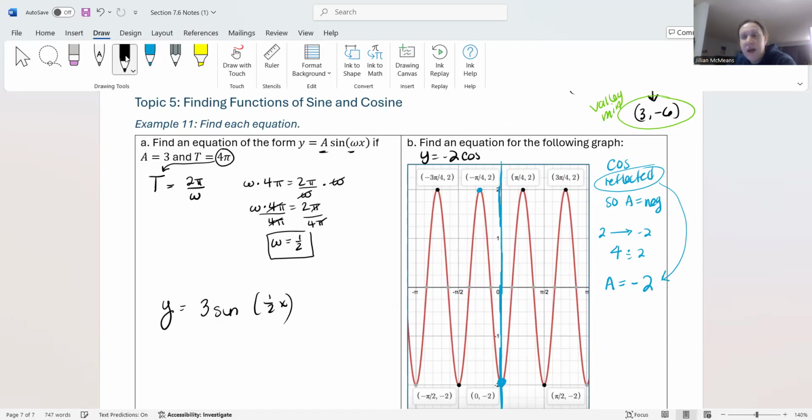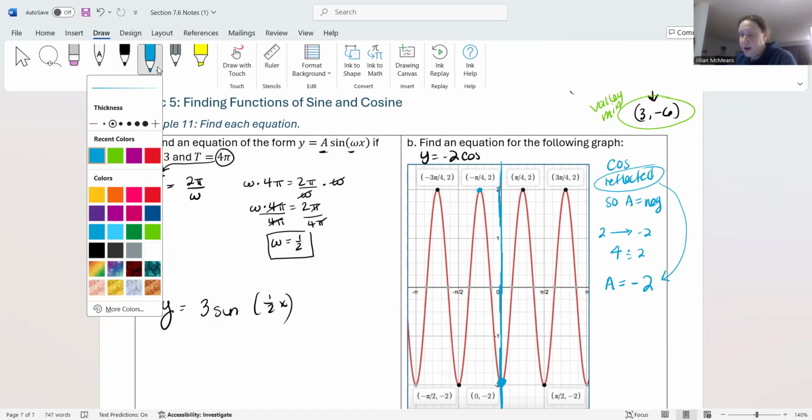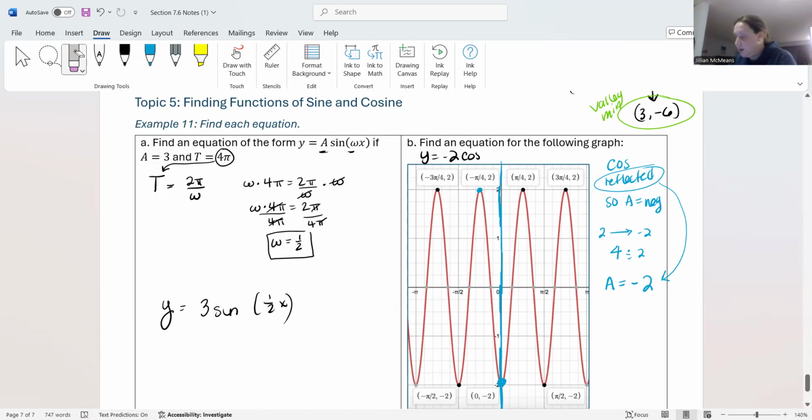Now we have to look at what the period is. For cosine, it's going to be from a max to the next max. But since we've reflected this, it's going to be from a minimum to a minimum. So if I look here, let's erase and then do blue again.